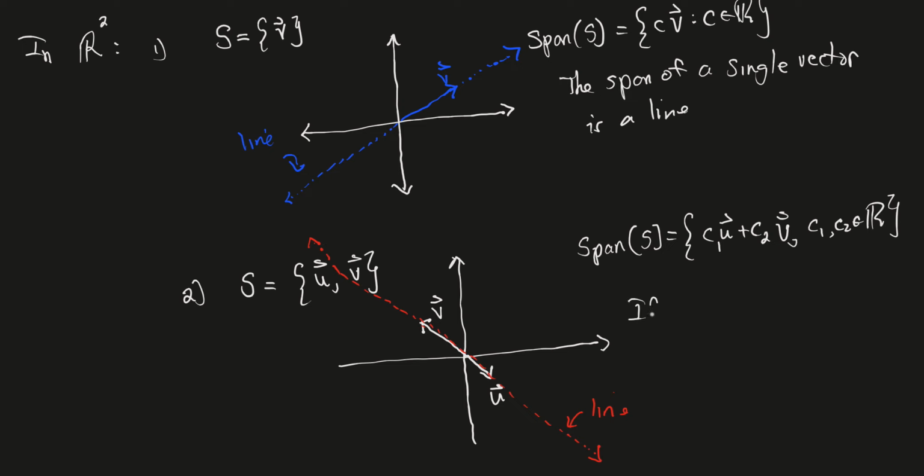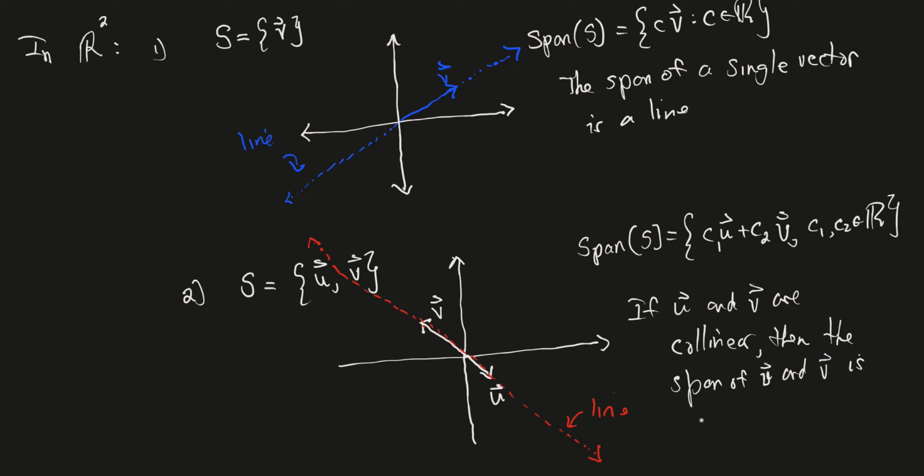So if the vectors u and v are collinear, then the span of u and v is again a line.